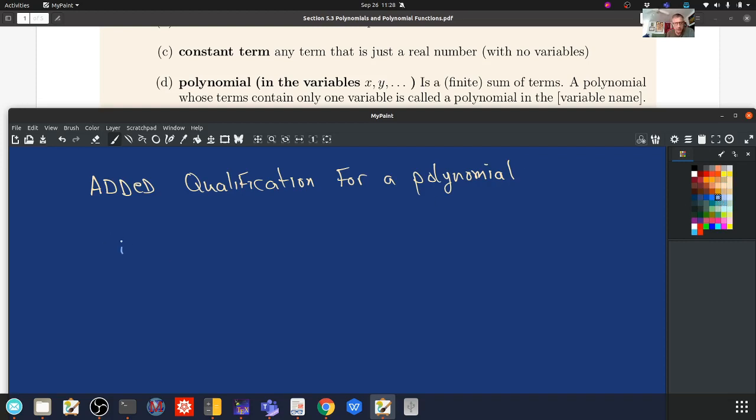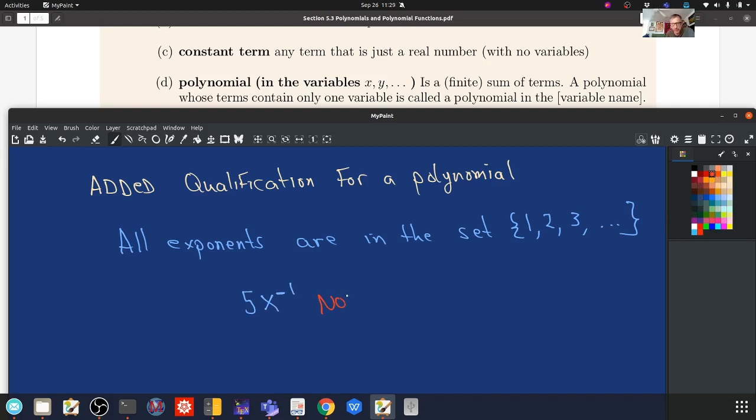All exponents are in the set 1, 2, 3. In other words, 5x to the minus 1 is not a polynomial.